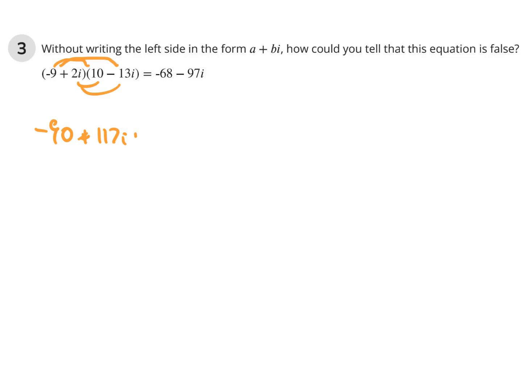2i times 10 is 20i. 2 times 13, 26. Negative 26 i squared. Now this is positive. I squared is negative 1.